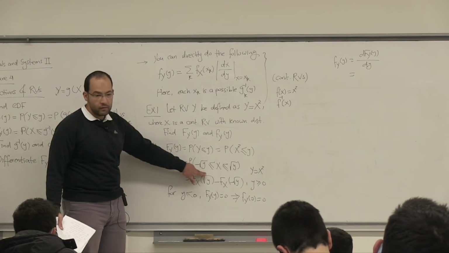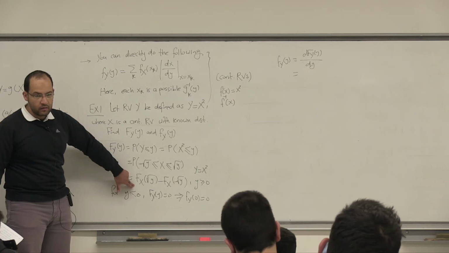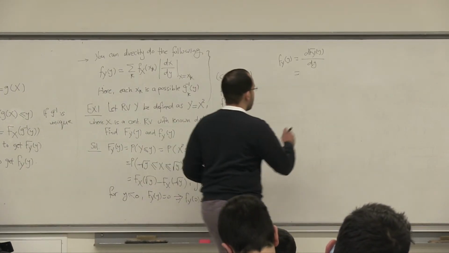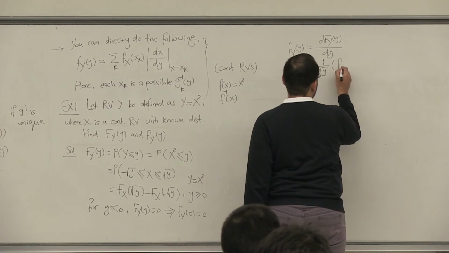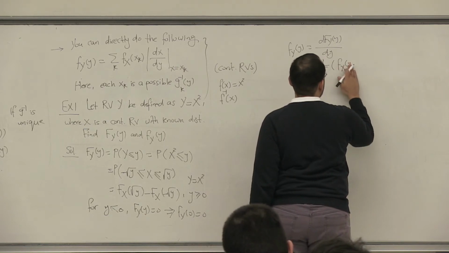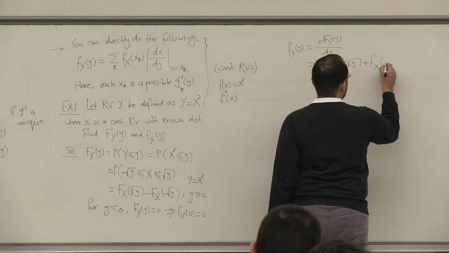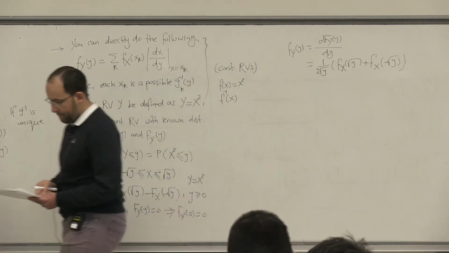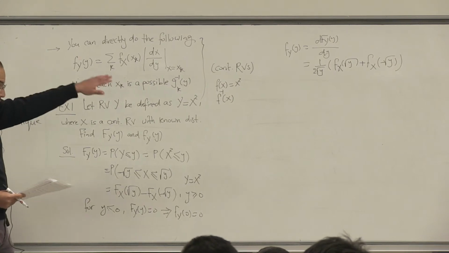It's the differentiation of whatever is inside the brackets, and this becomes a PDF, right? So this directly becomes 1 over 2 square root y times f_X of square root y plus f_X of minus square root y. Everybody's okay until now?